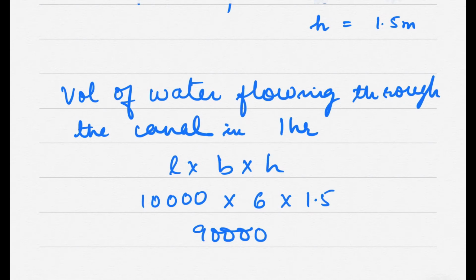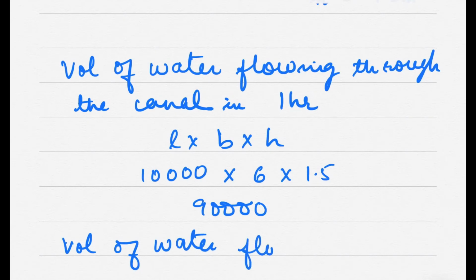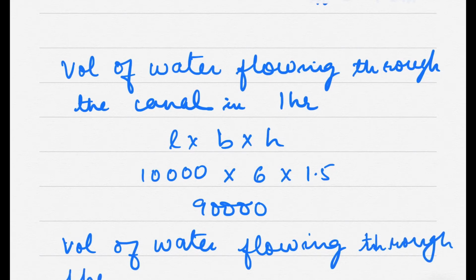Okay, so now this was in 1 hour, right? So now I have to change to 30 minutes. So now I'll say, okay, volume of water flowing through the canal in 30 minutes.